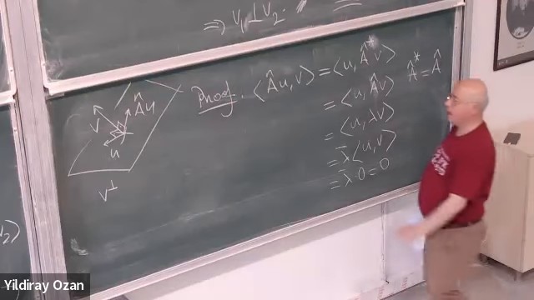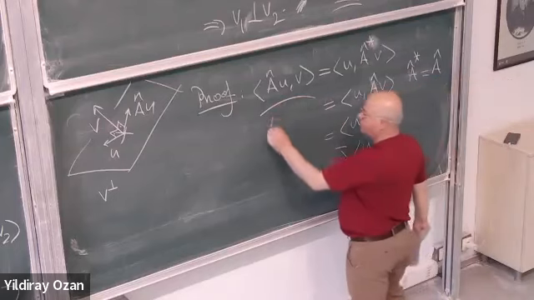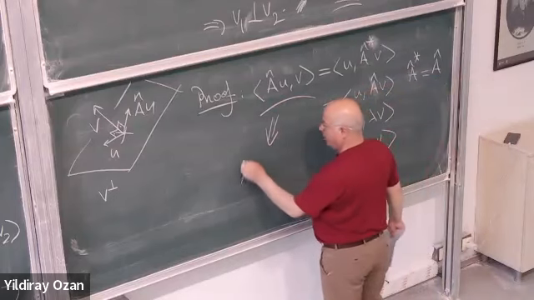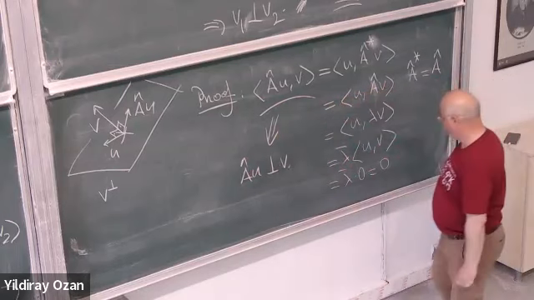So what we see is that this inner product is 0, right? Therefore, A hat U is perpendicular to V.